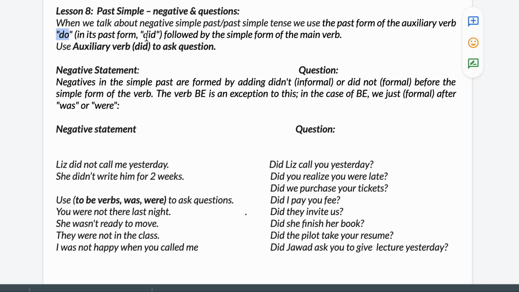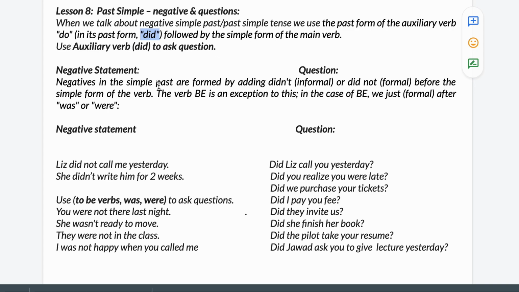But today, since we're talking about simple past or past simple, we need to use the second form of do, which is did. We use exactly the same formula. We use did at the beginning of our sentences, and at the very end we put a question mark because we're making it a question.